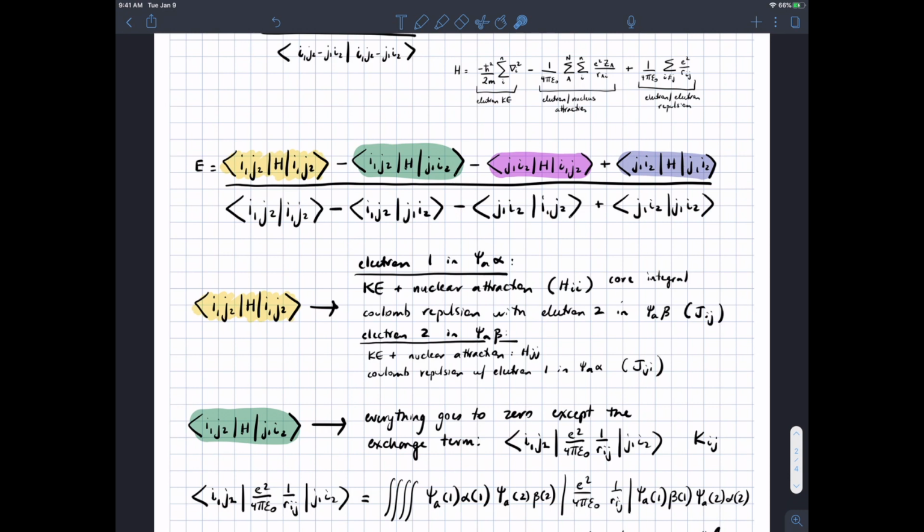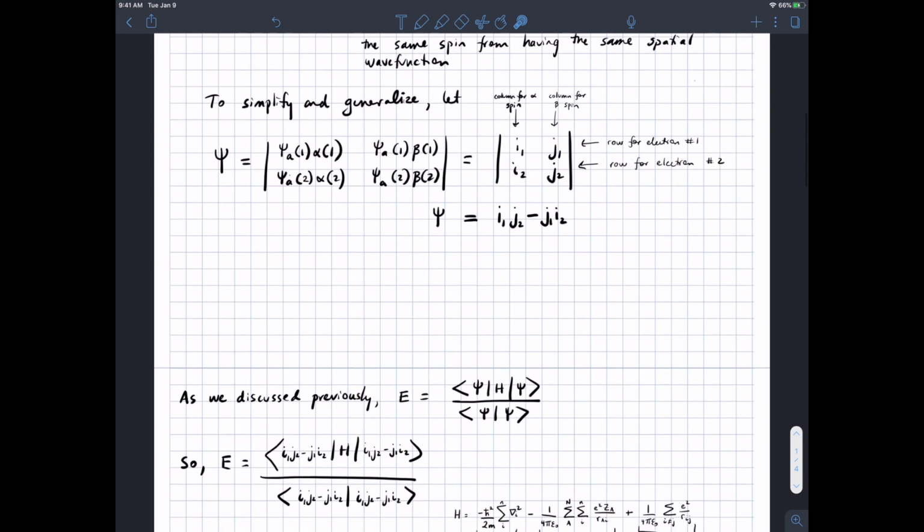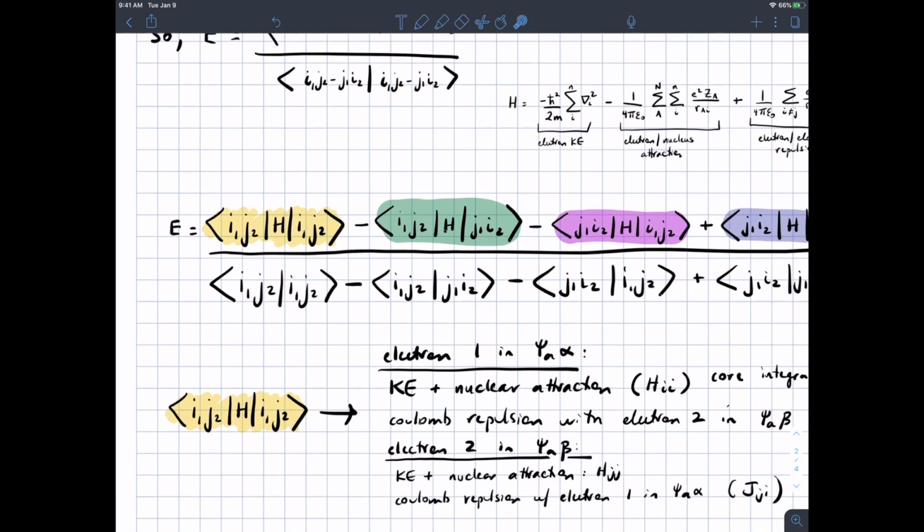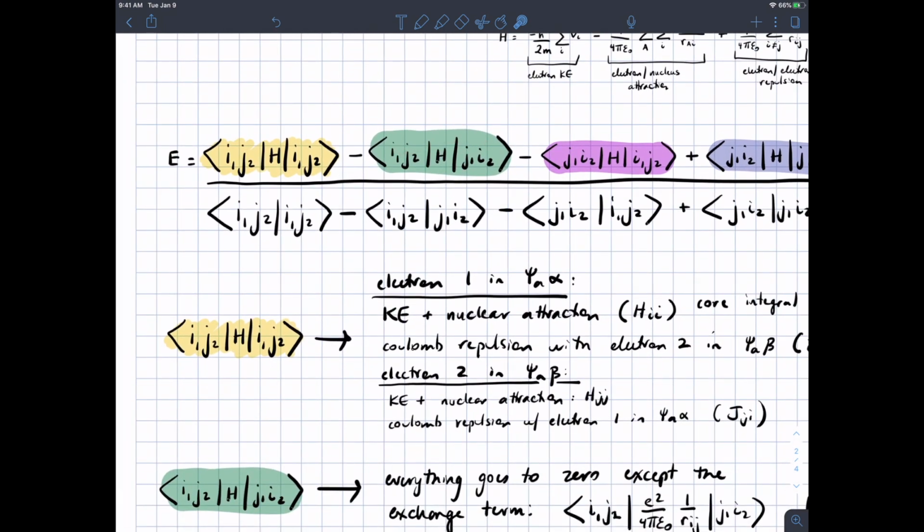That's electron-electron repulsion, okay? If you go to one of these weird terms where you switch the spin, where before the operator you have I1, and then after the operator you have J1, and the same thing for J2 and I2, it turns out the kinetic energy portion of the Hamiltonian goes to 0 when you do that.